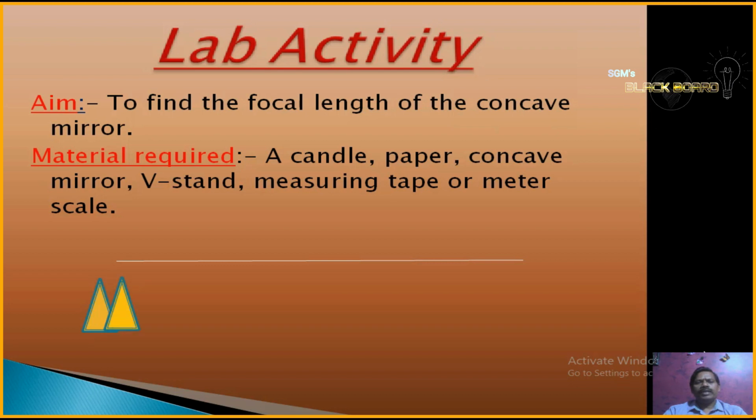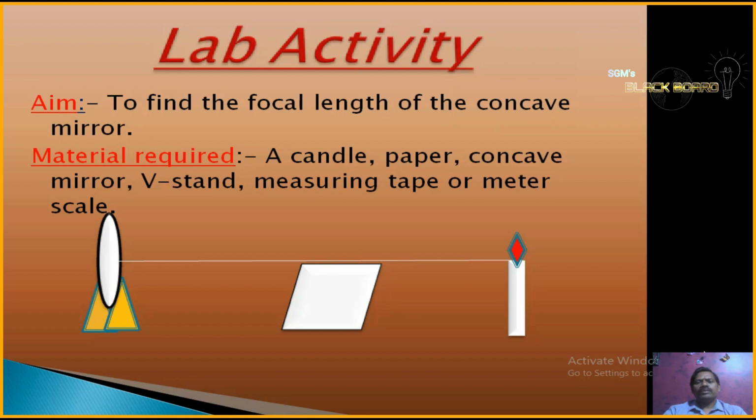Here, what we did was keep a concave mirror on a V-stand and a lighted candle in front of it at some distance, which we call the object distance, and using a screen we try to catch the image of the candle flame on the screen.